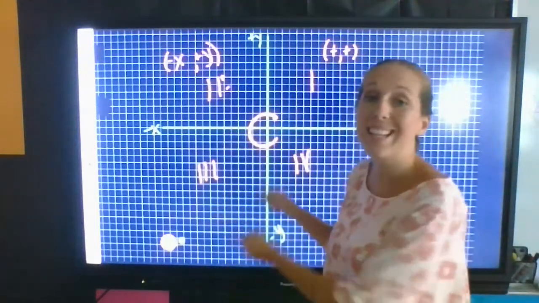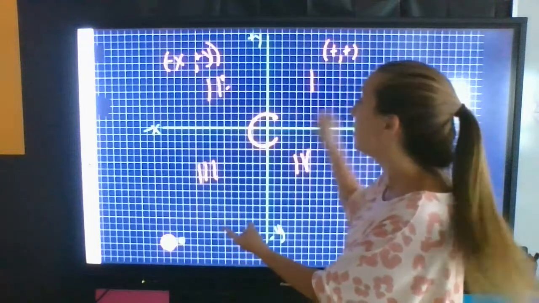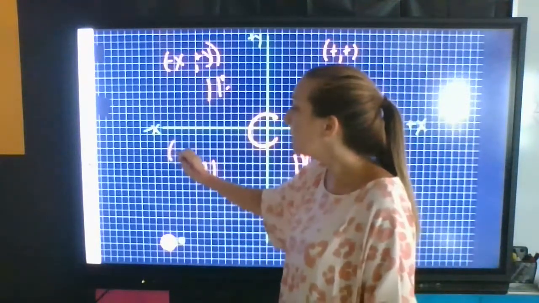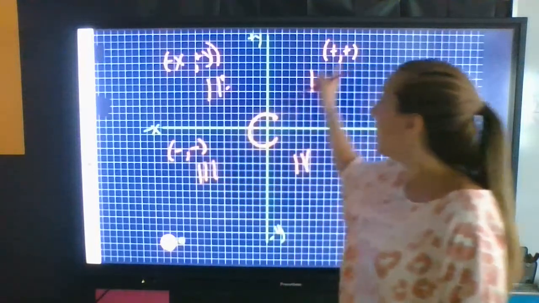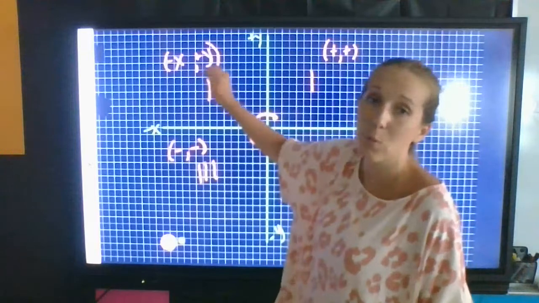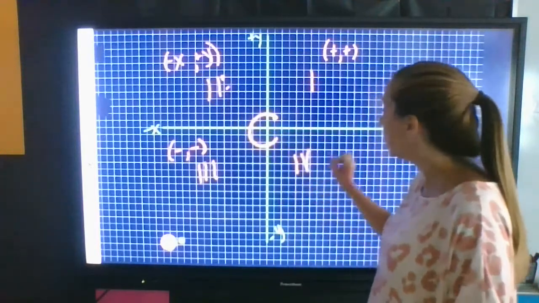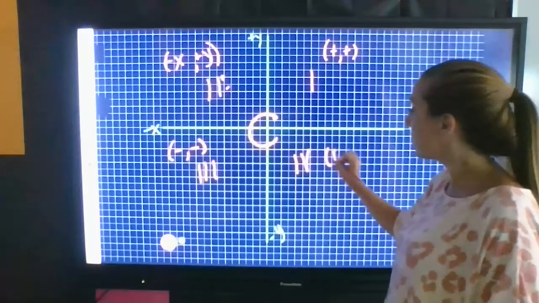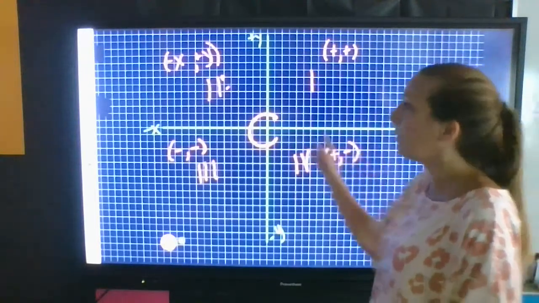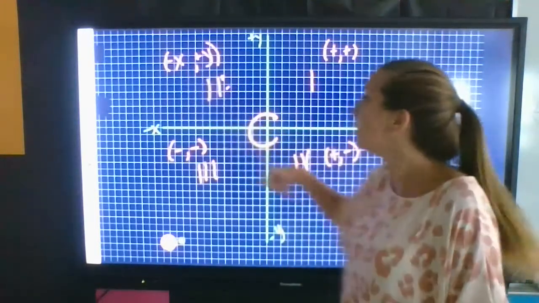Quadrant 3 is the exact opposite of quadrant 1, because these are what we're going to talk about later, reflections across the origin. This is a negative, negative, the exact opposite. And same thing with quadrant 4. Quadrant 4 is the exact opposite of quadrant 2, or you can look at this as being a positive X because we went right, and then we're going to go down. So we have a positive, negative, which is the exact opposite of quadrant 2.